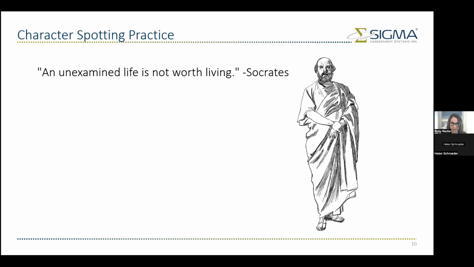Here we have Socrates, a famous philosopher. One of his famous quotes is, "An unexamined life is not worth living." So just again, take a moment to think about what does he epitomize and what is his quote getting at? What character strength underlies it?